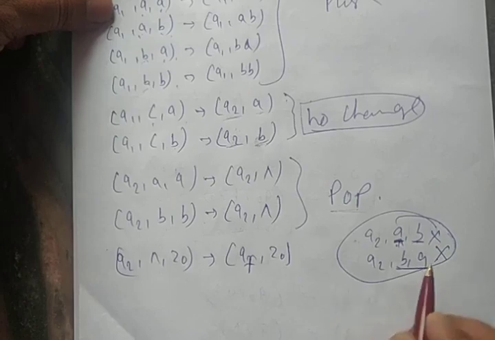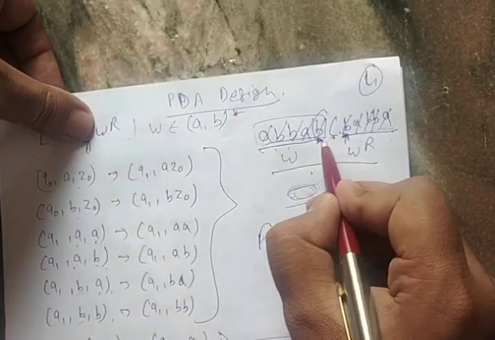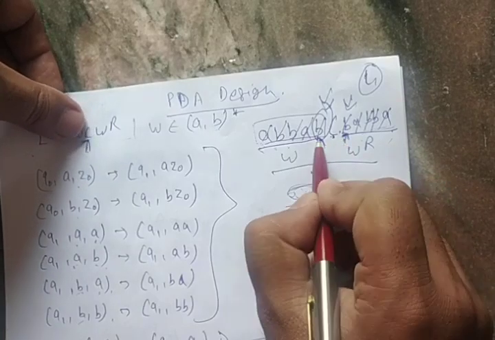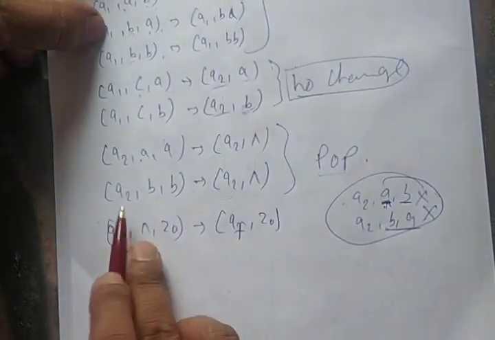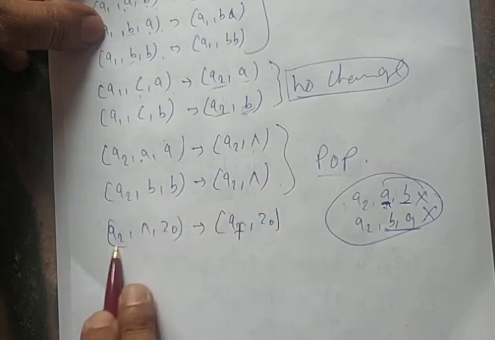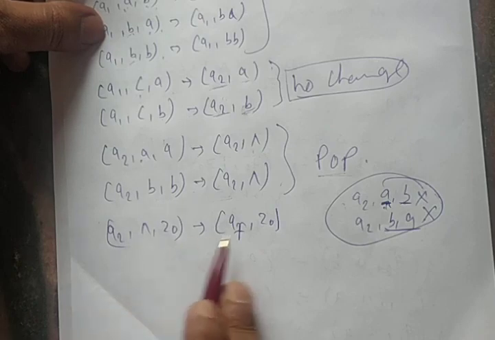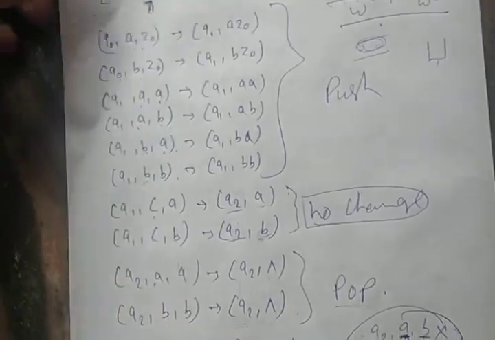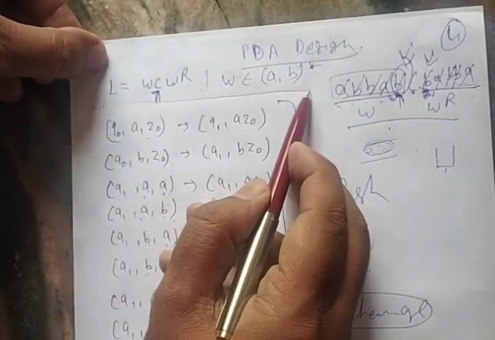Similarly, for the next one also, it is a palindrome only if my stack top is B and the current input is B. Hence, we have used Q2 A A, Q2 null, Q2 B B, Q2 null, and finally, at the end, if everything gets deleted from my input and stack, I'll say that I reached the final state. So in this manner, we design all the rules for the language WCWR.